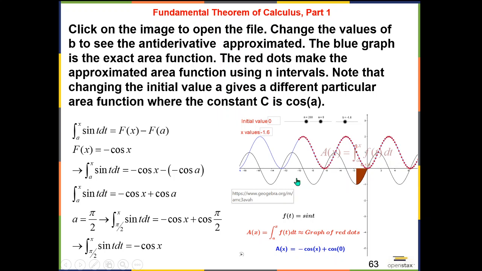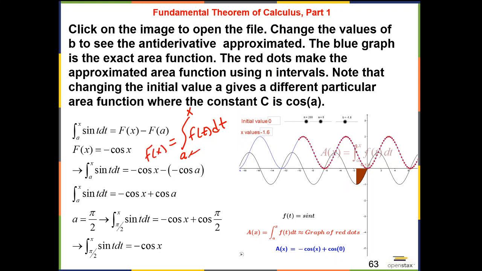And here is another example. And I want to connect this idea of what happens. We know that if we take f of t dt, and we start with some fixed point here and make this x, this would be the area function, right?